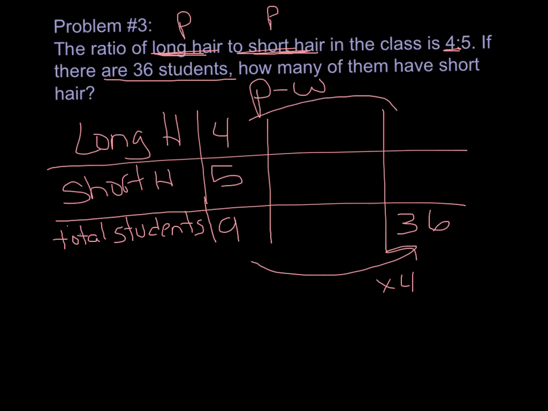So I can say 4 times 4 is 16. And even though I'm not going to draw an arrow in the middle, I have the 5 times 4, which will make that 20. So if my original question said out of 36 students, how many of them have short hair? 20 out of the entire 36 would have short hair.